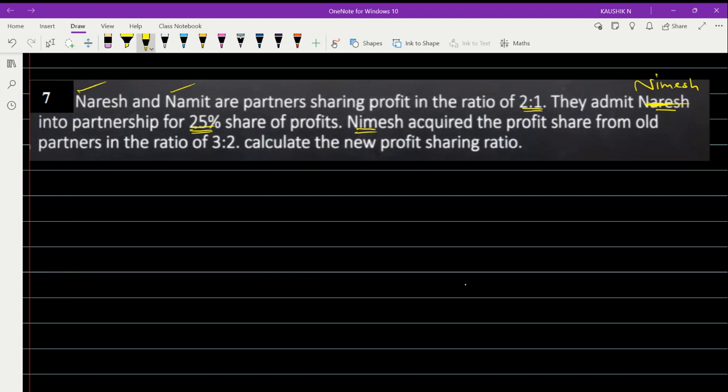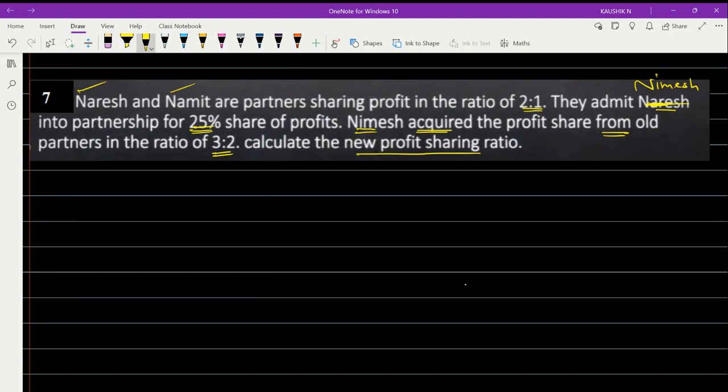Nimesh acquired the profit share from old partners in the ratio of 3 is to 2. Calculate the new profit sharing ratio. Now tell me what type of problem this is. Is it a simple case, or is it acquired, or taken, or surrender? What case?